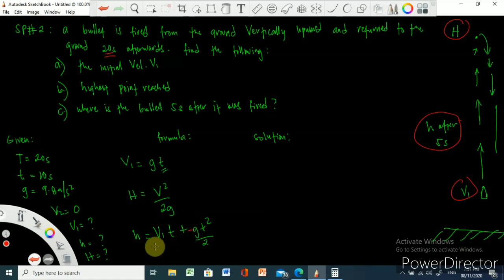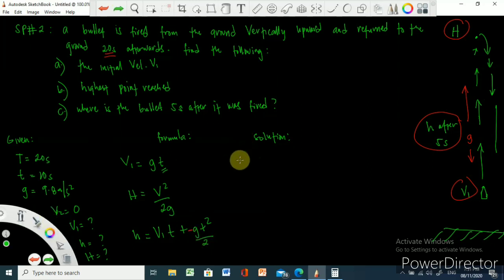So where is the object 5 seconds after it was fired? Although the motion is upward, the velocity is decreasing. So even if the motion is upward, your gravity is in the downward direction. So your g is negative, negative 9.8.